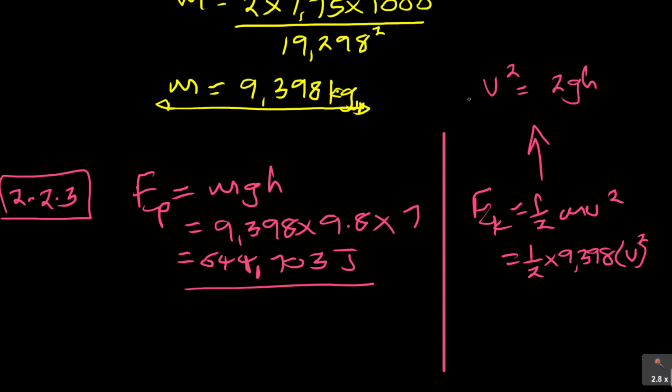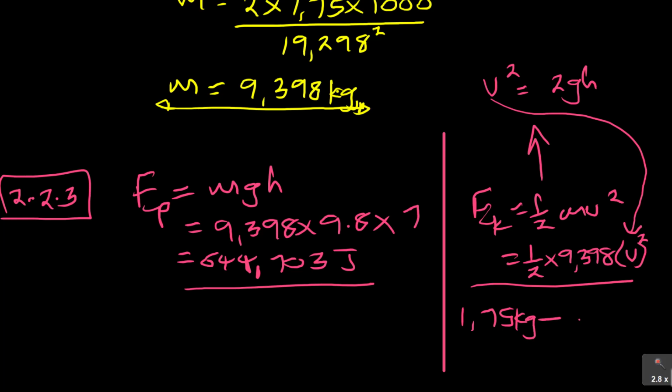You see, then from there, after finding the velocity, you put that velocity here, and the answer that you get, you are going to say 1,75 kilojoules minus the answer here. It was going to give you this answer here. So this is another method, you can try it out.